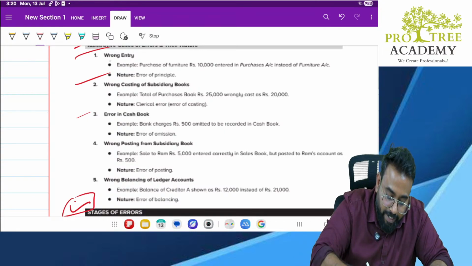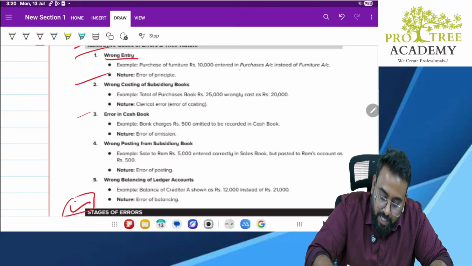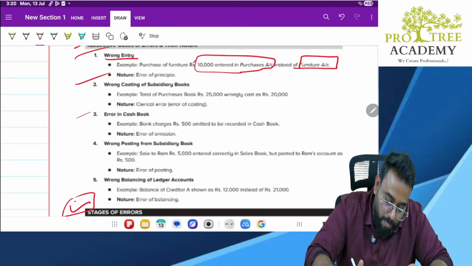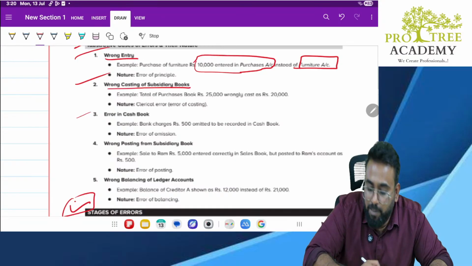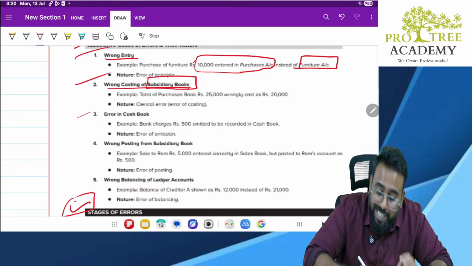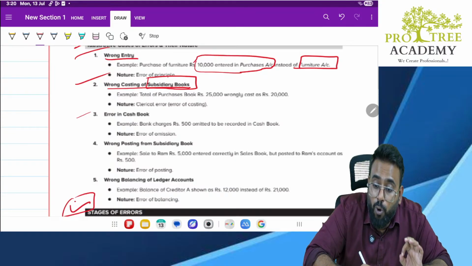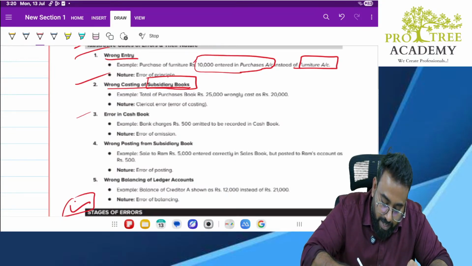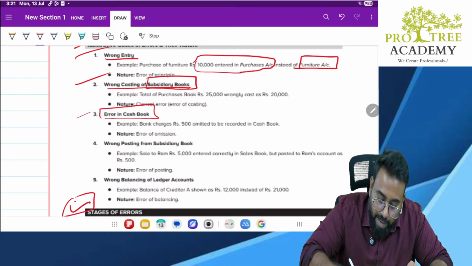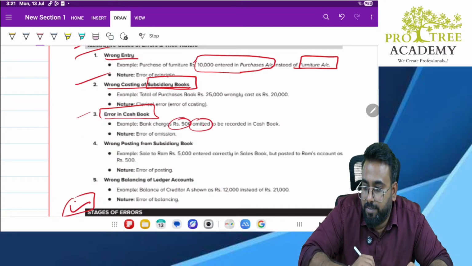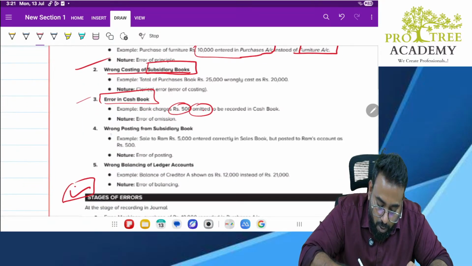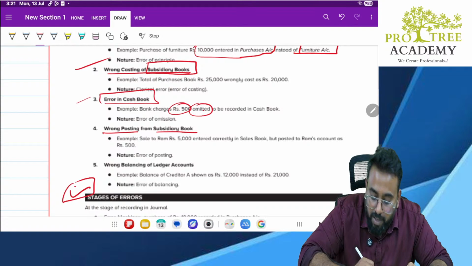First error, wrong entry. Instead of fixed furniture account, you have entered in purchase account. Your favorite entry, your favorite mistake. Wrong casting of subsidiary books. We have not discussed subsidiary books, but we will discuss later. But just imagine, wrong casting means wrong totaling. Error in cash book: bank charges 500 omitted. Next, wrong posting from subsidiary book. Instead of posting it on the debit, you have posted on the credit.